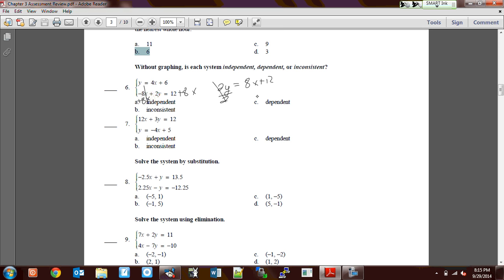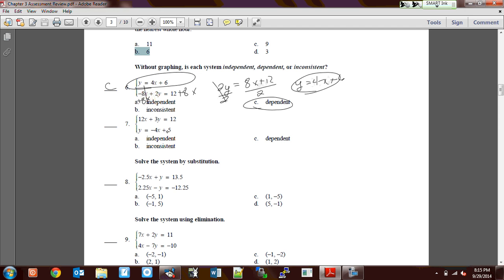Divide by 2, divide by 2. So there's y equals 4x plus 6. Looky there, that and that are the exact same equation, which means these are the exact same line, so they are dependent. Letter C, because they are the exact same line, they are dependent.